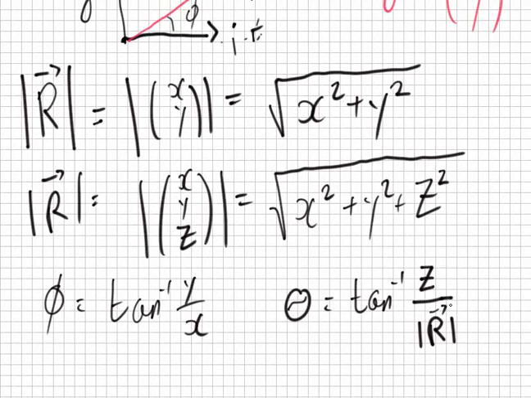So what would the z be? If it's only in 2 dimensions, what number would the z be? 0. And tan inverse of 0 is 0. Which makes sense, because if it's only on the table, it has no angle off the table.